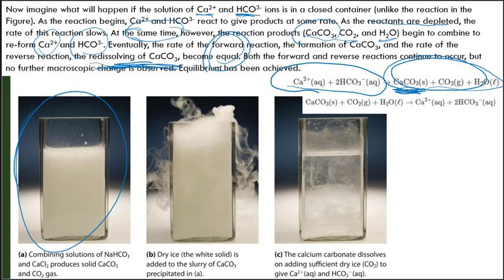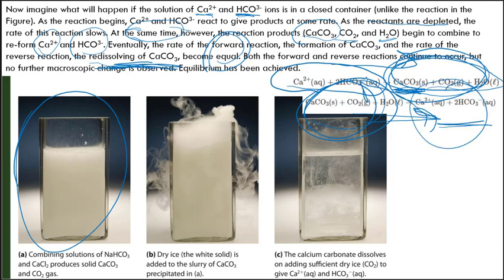Both the forward and the reverse reactions continue to occur, but no further macroscopic change is observed. Equilibrium has been achieved. So here is my forward reaction. Here is the reverse reaction. So all I did was take my products here and I made them the reactants to make new products, which are the reactants from the original.